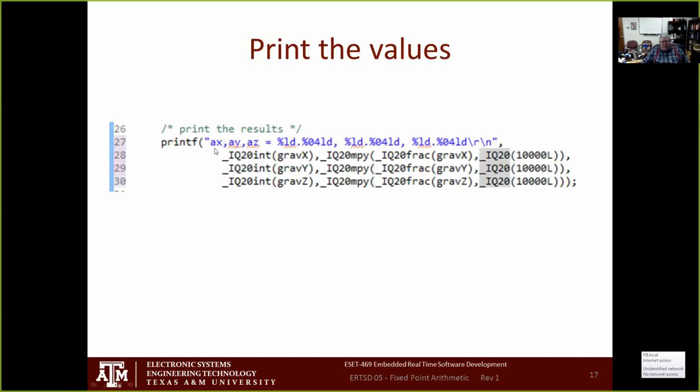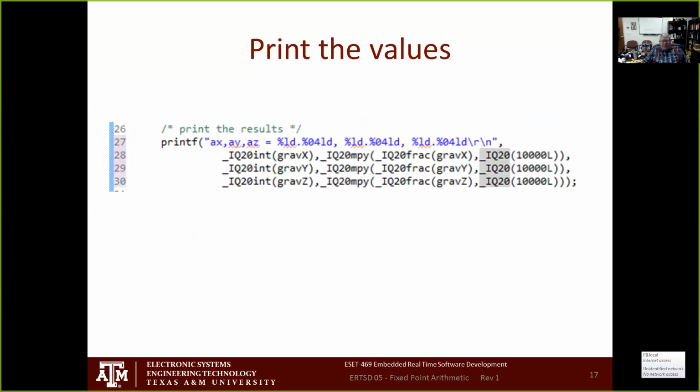So to print out that value, let's say AX, I want to take the integer portion of the value that I have in grab X. And then I'm going to take the fractional portion, and I want 4 decimal places, so I take the fractional portion of that IQ value and multiply that times 10,000 to get this value right here, and you have to put in your own leading zeros, otherwise it looks really weird.